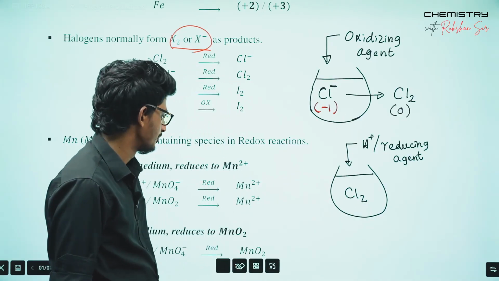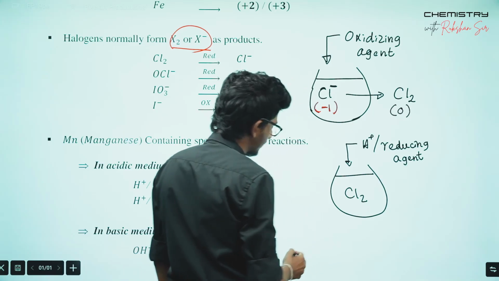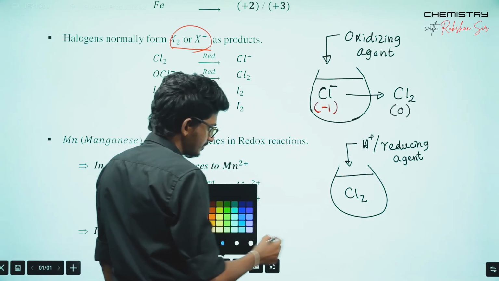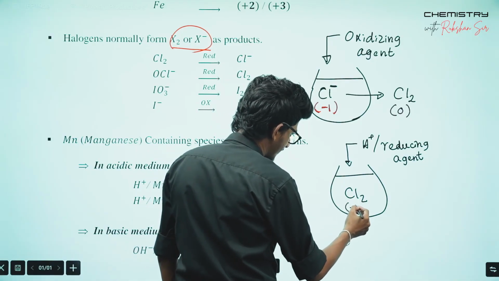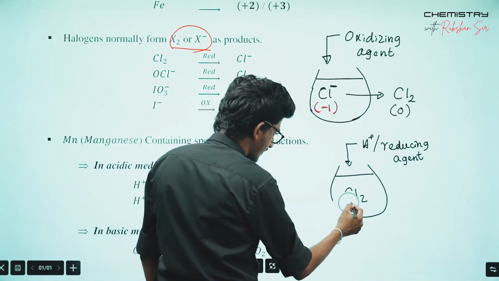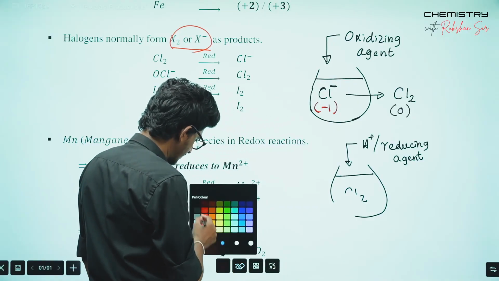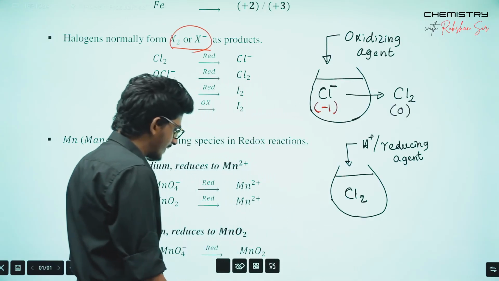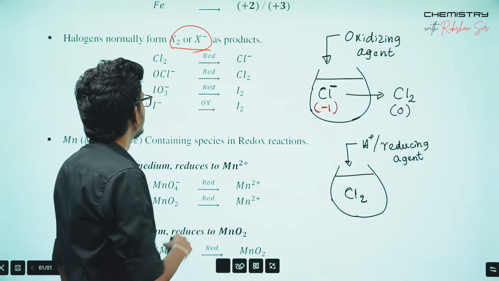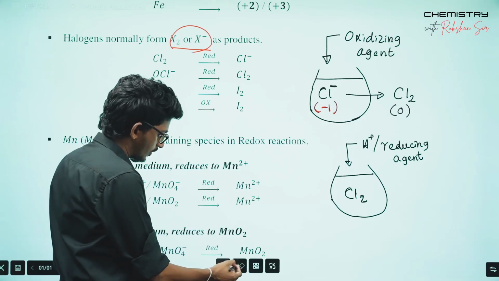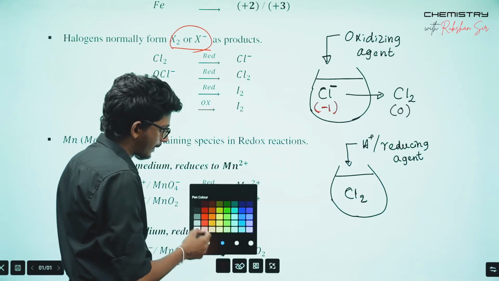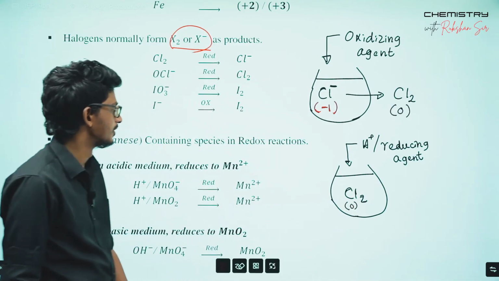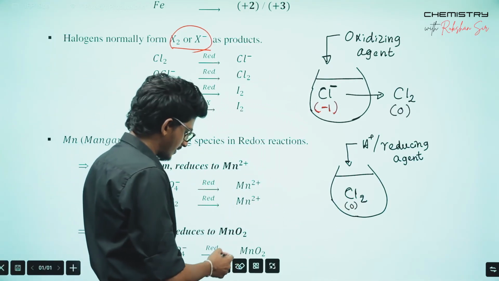To where will this reduce? According to this rule, this halogen will get reduced to the Cl minus form. So only the minus 1 and the 0 oxidation states are available as products for the halogens. That is the point there.